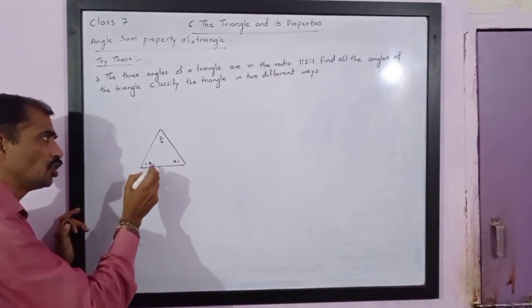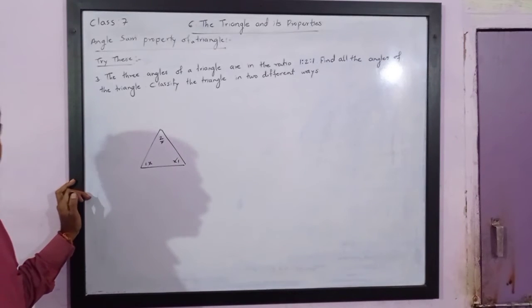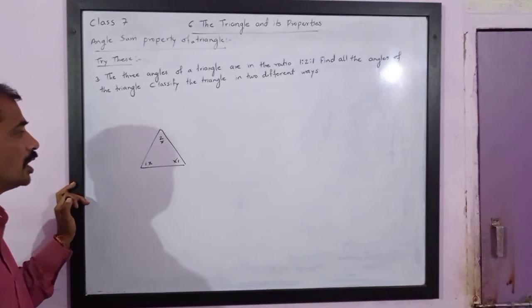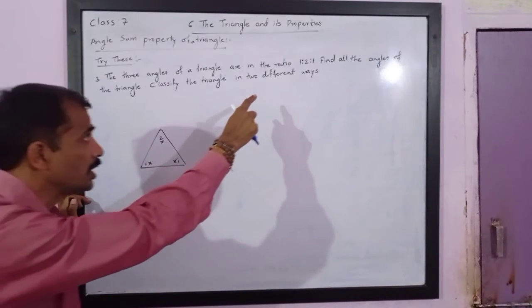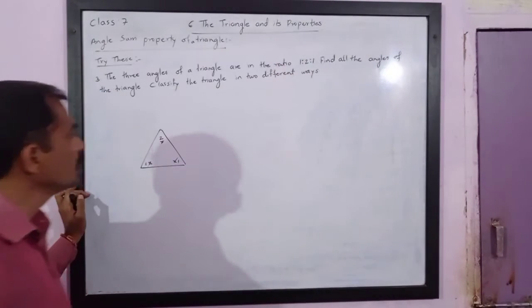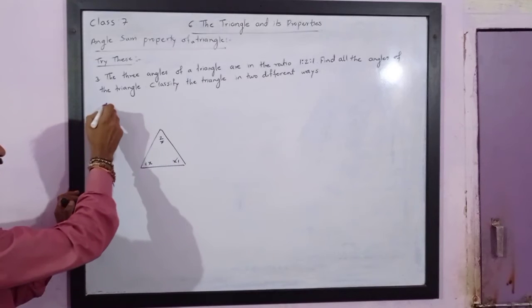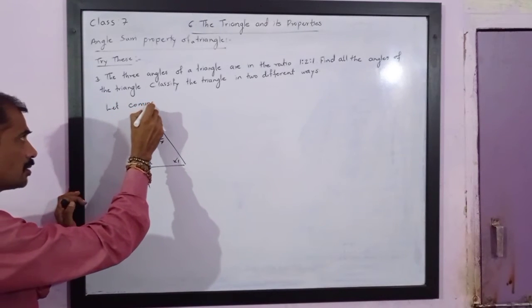When we write in ratio form, we eliminate this common multiplier, and then we get the ratio 1:2:1. So, in order to solve, let the common multiplier be x.